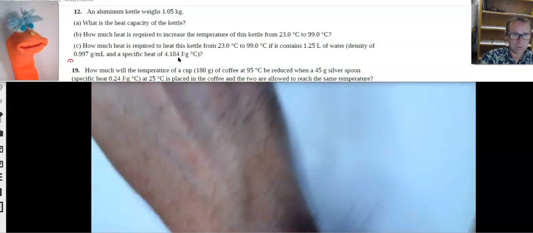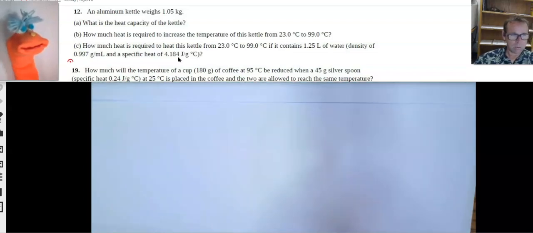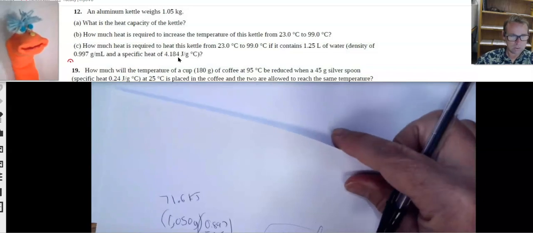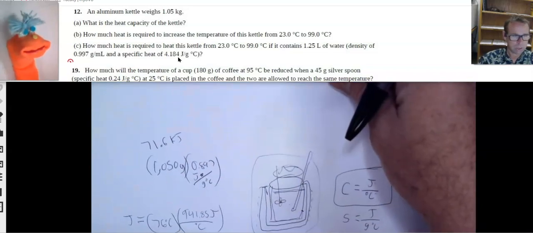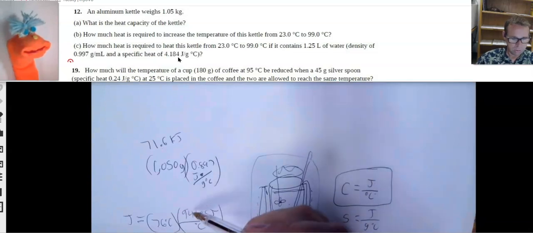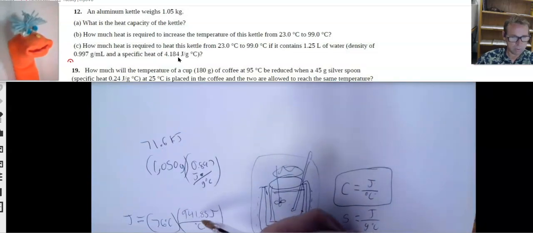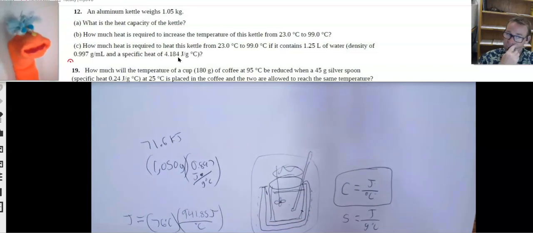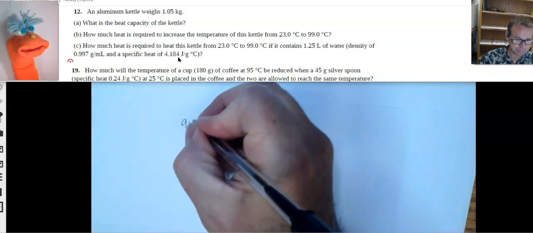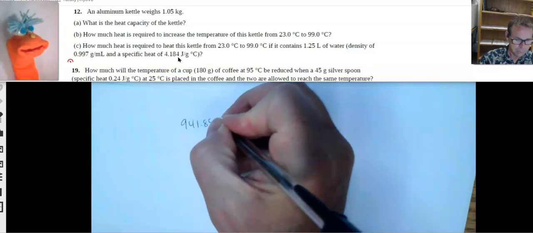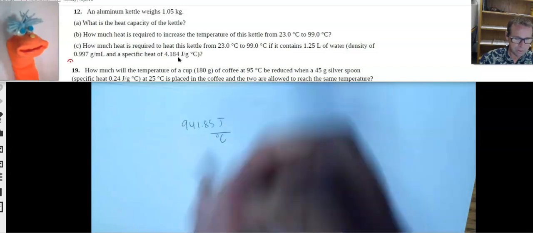The kettle is going to require, what did we say? Oh, no. 941.85 joules for every degree Celsius.